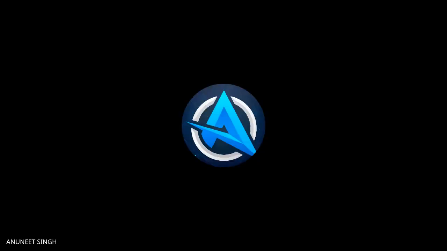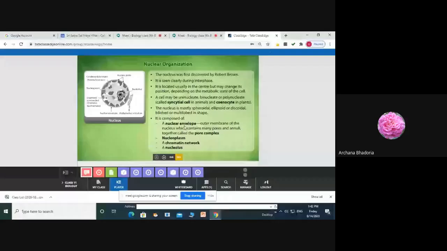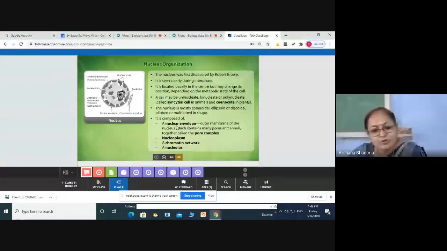The components are number one, nuclear envelope, number two, nucleoplasm, number three, chromatin network, and number four, nucleolus. These are the parts of the nucleus, which we call the structural components of the nucleus. Did you understand the structure of the nucleus, everyone? Yes, ma'am.